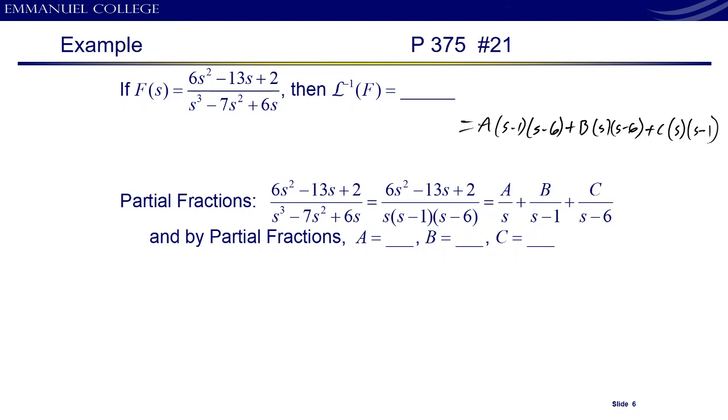And then we know the denominators are the same now, so what you would do is compare 6s squared minus 13s plus 2. Now, there's a method that is referred to as, I believe the name is Heaviside.